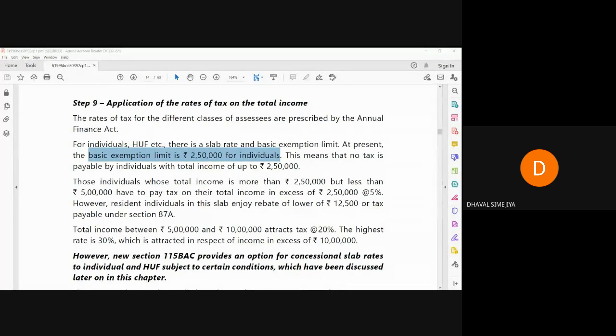Rebate up to 12,500 rupees. Are you getting this or not, class? What about, sir, if my total income exceeds 5 lakh rupees? Then you will not get the benefit of rebate.